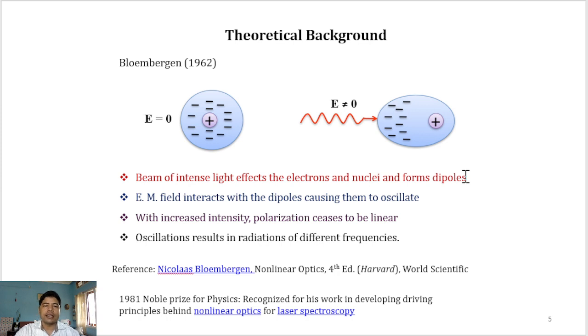Here we are just giving an animation. This is an atom. We know that atoms are composed of positive charge and negative charge. Positive charge is at the center in the nucleus, and the negatively charged electrons are revolving around the nucleus.